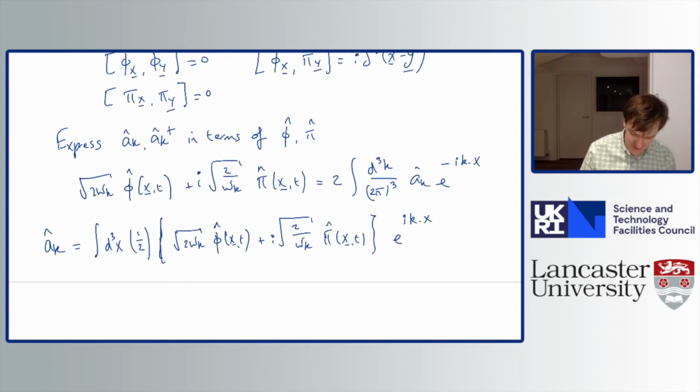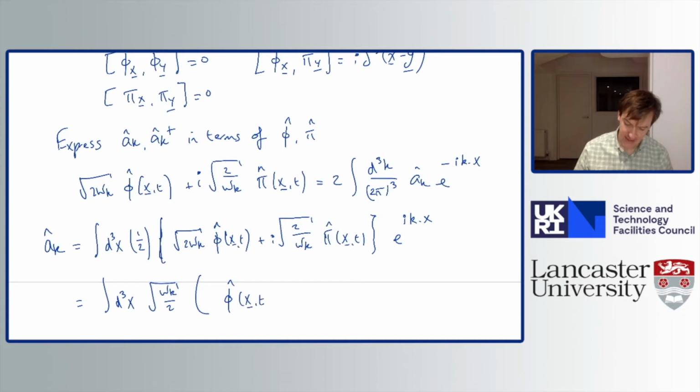Typically we simplify this a little bit. So we'll write d3x, have the omega k over 2 factor pulled out the front, and we simply have phi, and we end up with a factor of i over omega k times the field pi, e to the i k dot x.